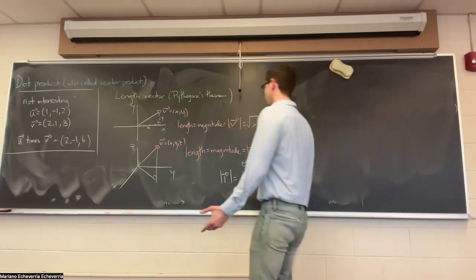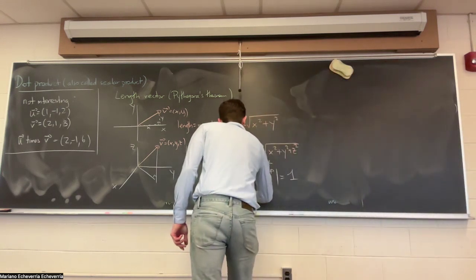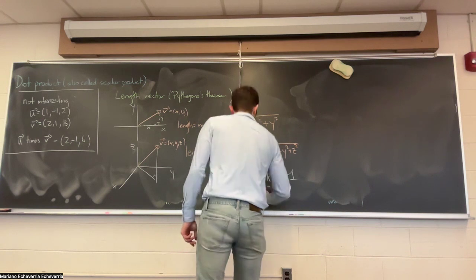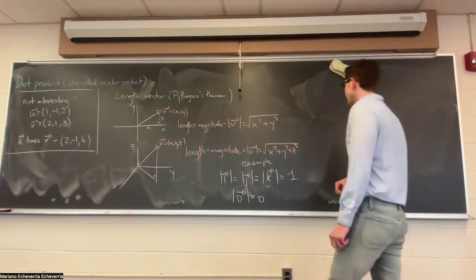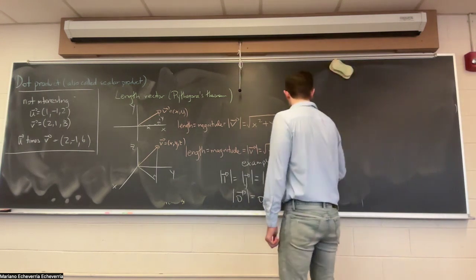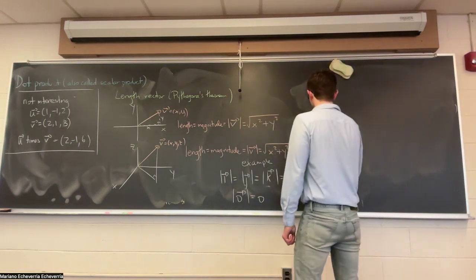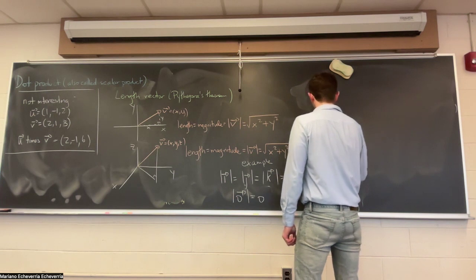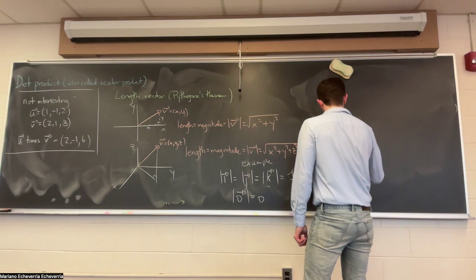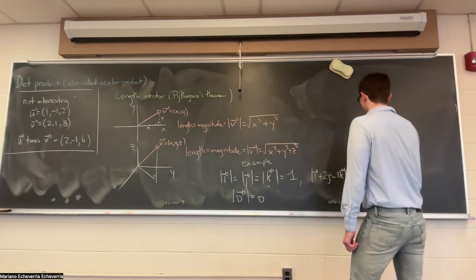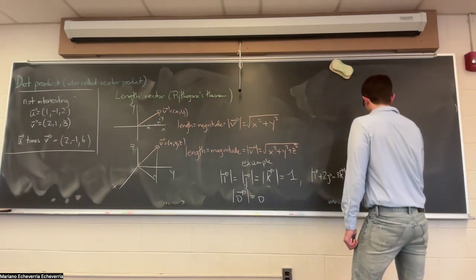Or the length of the 0 vector would be 0, which also makes sense. Okay. And just to put another one, what is the length of the vector i plus 2j minus 3k? Well, that's the length of the vector (1, 2, -3).